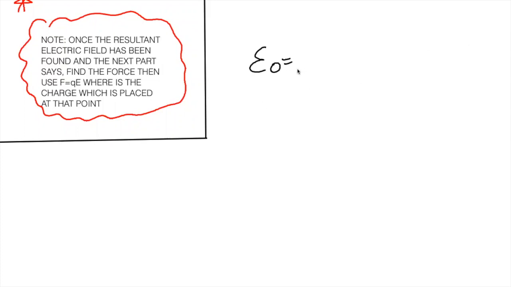Does anyone remember the number? Relative permittivity. What's the value, by the way? Come on, what's the value for permittivity? You guys know K is 9 into 10 to the power 9, right?